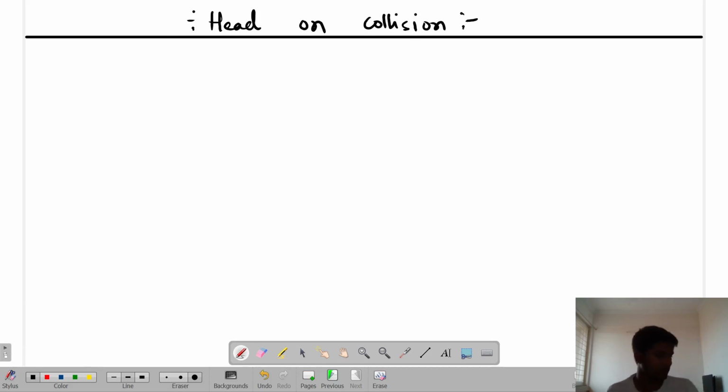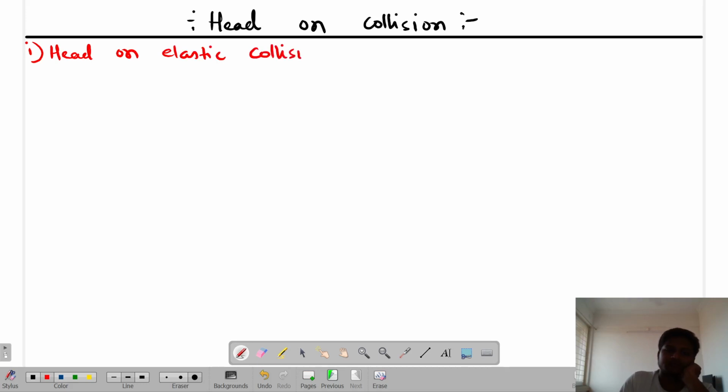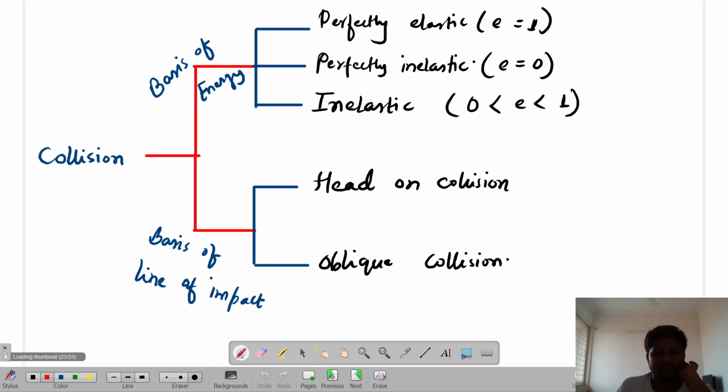Is this clear? So let us give the first case, head-on elastic collision. Basically you have to remember one thing: in perfectly elastic collision, kinetic energy is conserved, isn't it?